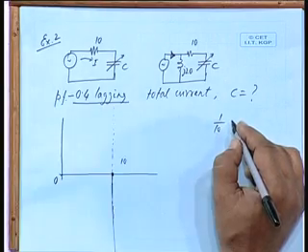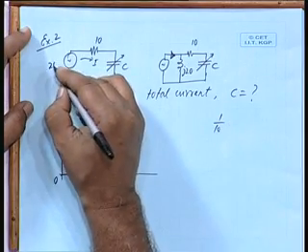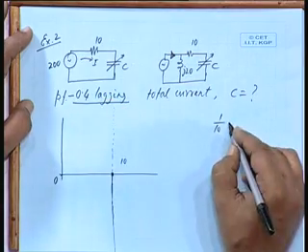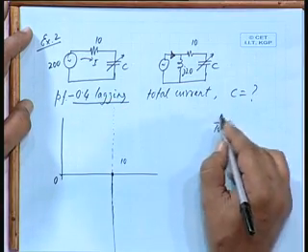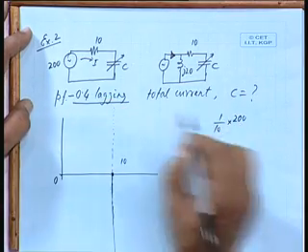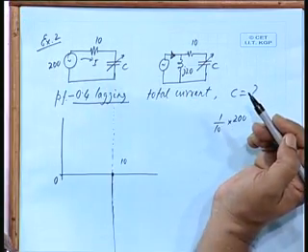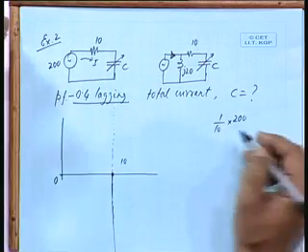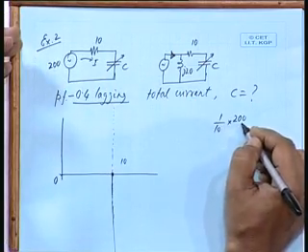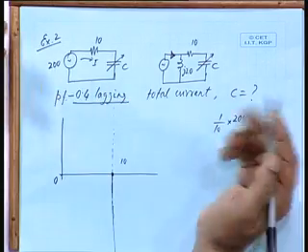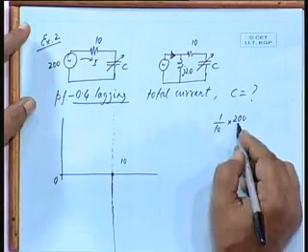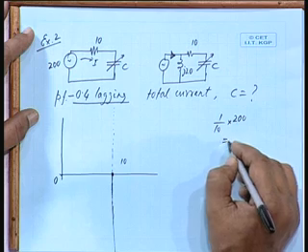This voltage is 200, so straight away we can multiply by 200, because after all it is the voltage multiplied by the admittance which gives me the current. If I take straight away a scaling factor equal to this voltage, then that represents the current. So, 200 into 1 by 10, that gives me 20.